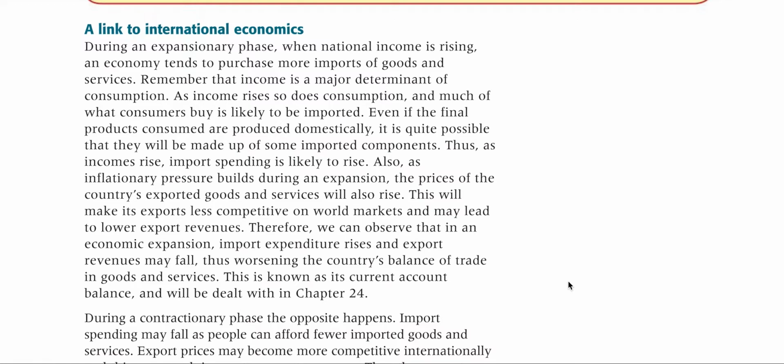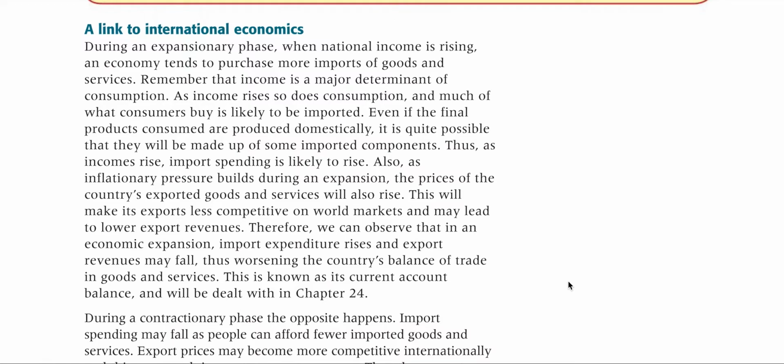As inflationary pressure builds during an expansion period, the prices of the country's exported goods will also start to rise. So what happens is that when the prices of your export goods rise, when your economy is booming and your prices start going up, other countries are less likely to purchase your exports because they look a lot less competitive. They're going to buy them from cheaper countries.